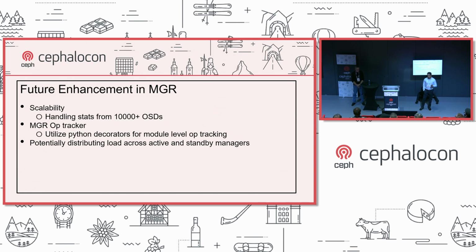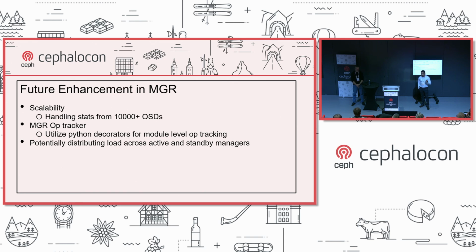The MGR collects the PG stats from all the OSDs every 5 seconds, and it aggregates them to maintain the PG stats, which is what you see when you run the PG dump command or the Ceph status. It's the view currently held by the MGR.